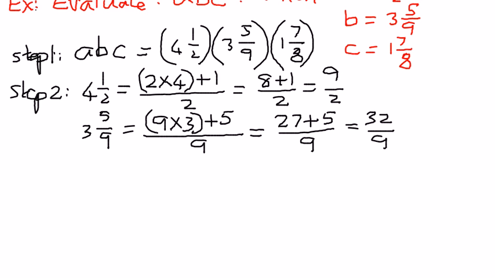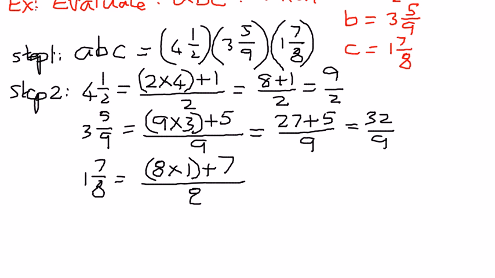And then the third mixed number we have is 1, 7 over 8. We take the denominator of the fraction, multiply it by the number on the side, take the product of that, and then add the number in the numerator part of the fraction, and divide that whole expression by the denominator of the fraction.